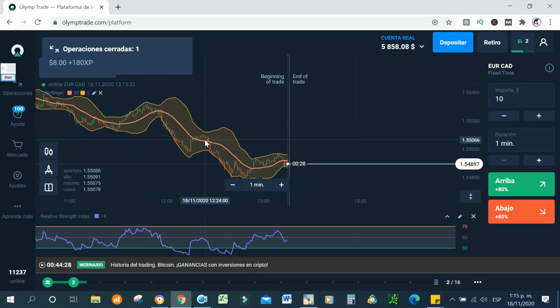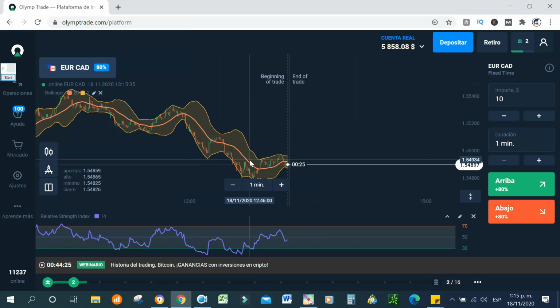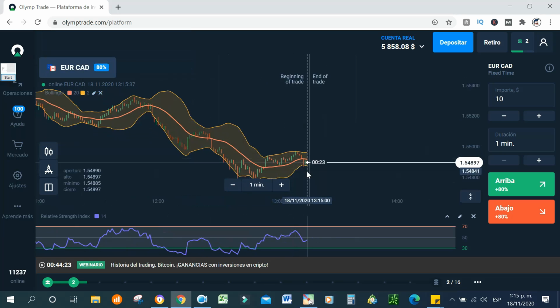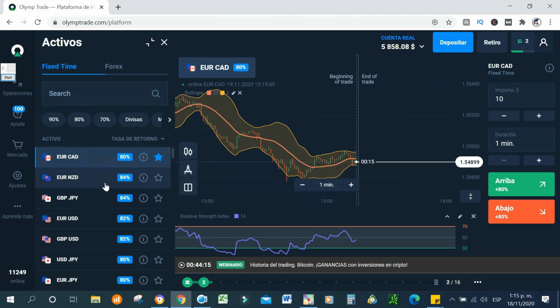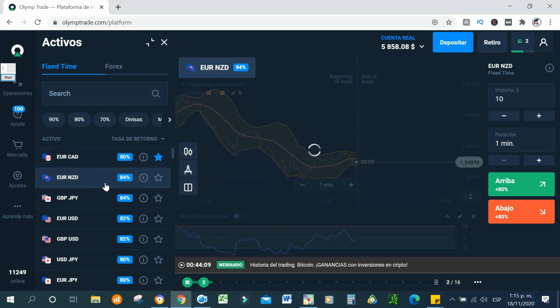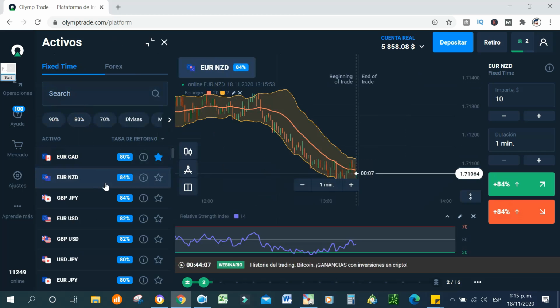But besides this, we are in a very slow market. Today it's very good to apply this strategy because the general market is very slow.